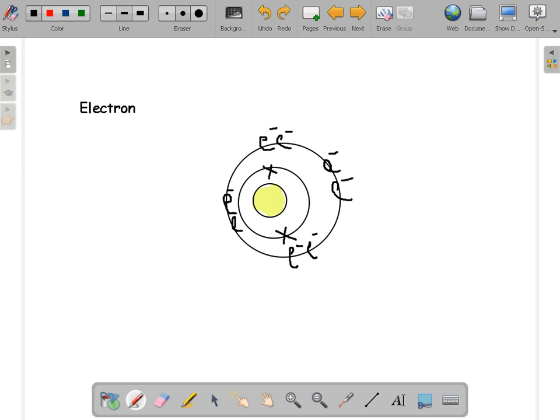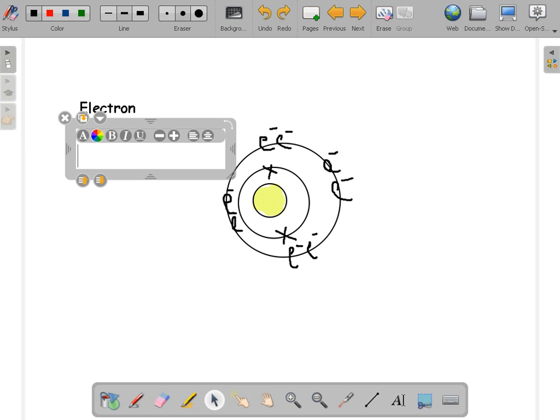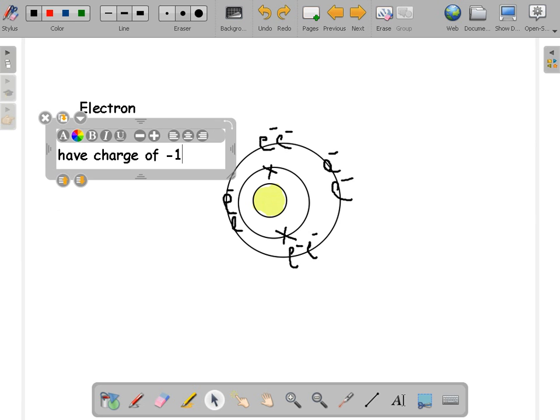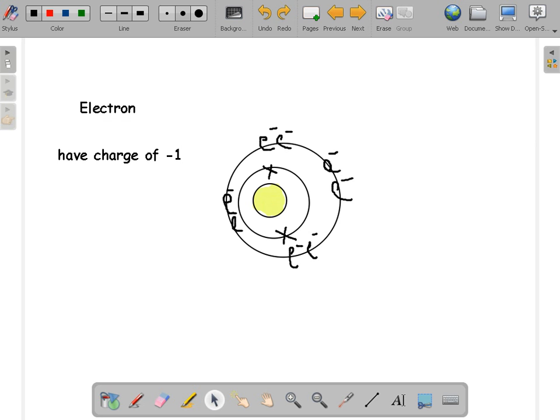So we have the electrons, and now let's write down the properties of electrons. Electrons, notice the minus sign, have a charge of -1. We talked about positive charge for protons, and now these have negative charge.